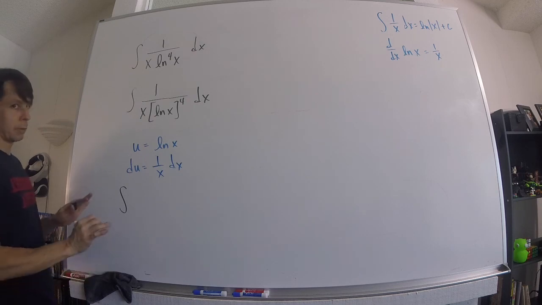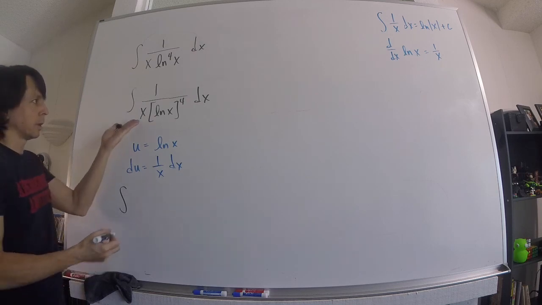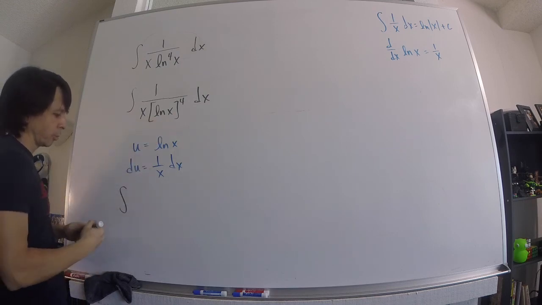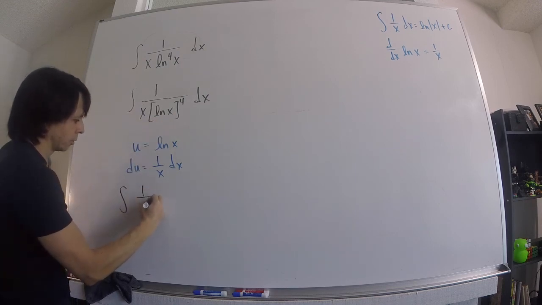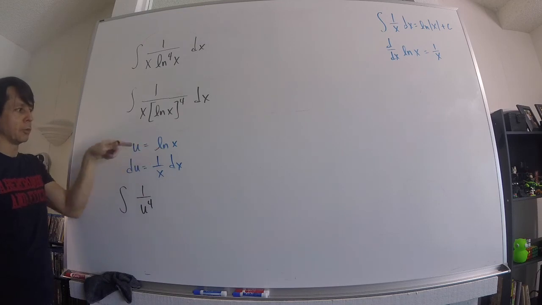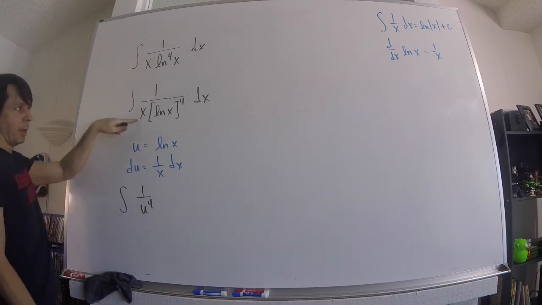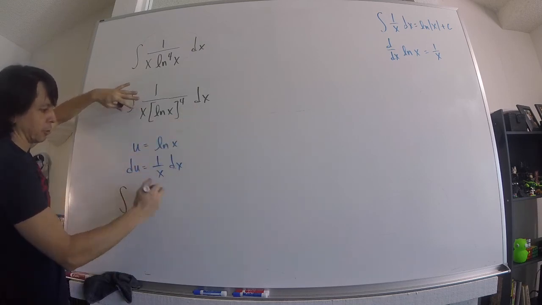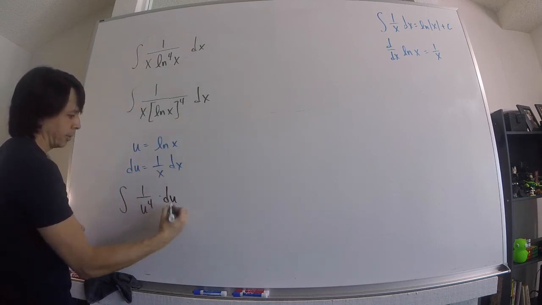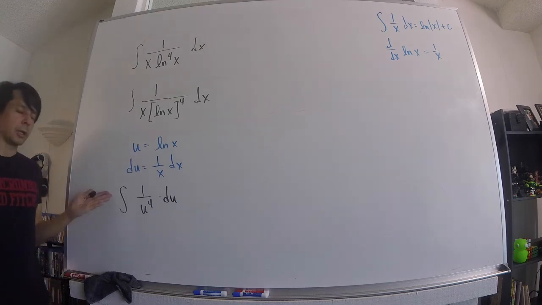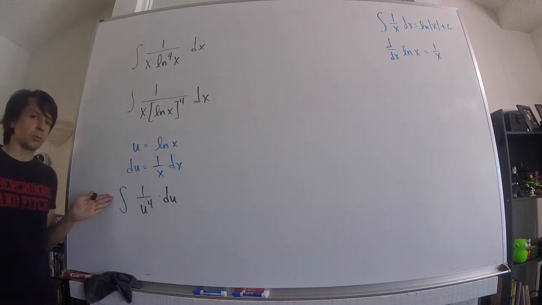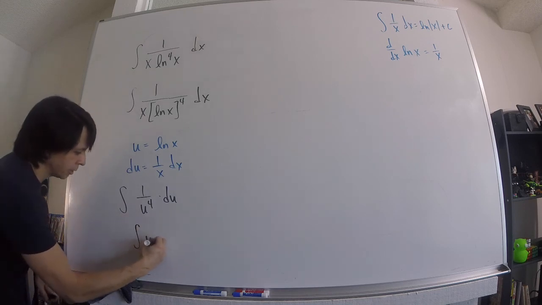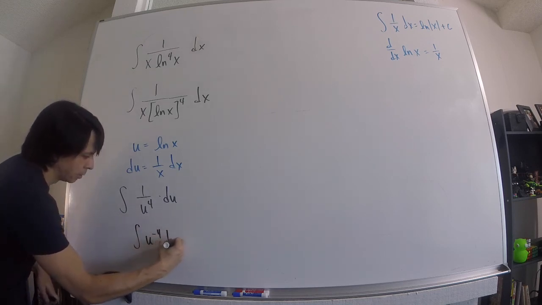Okay, so I'm not going to rewrite it, but think about it: that 1 over ln of x to the fourth was going to be 1 over u to the fourth, since my ln is now u. That x on the bottom, 1 over x, and that dx together is just my du, and that's what the integral is when I substitute in terms of u. How do I do this? I got to rewrite that, or think about it as a negative exponent and do the power rule.